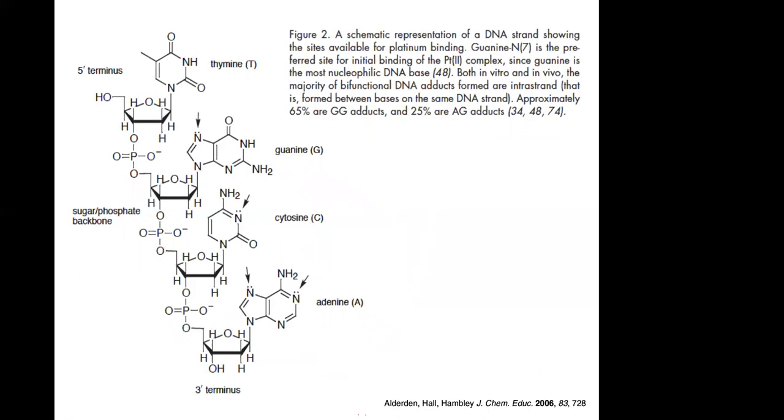And so most of the platinum is going to bind the same strand, and it's going to cause a kink in that strand of DNA. Mostly it will bind to a guanine and then another guanine somewhere down the chain, or sometimes, less often, it will bind to an adenine nitrogen. So 65% GG, 25% AG.